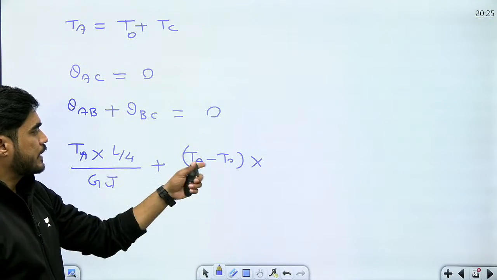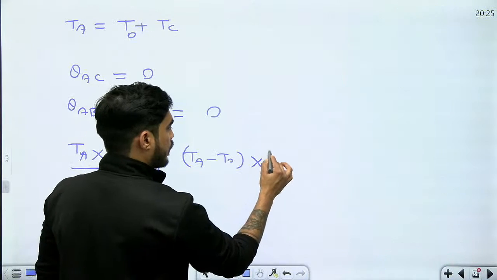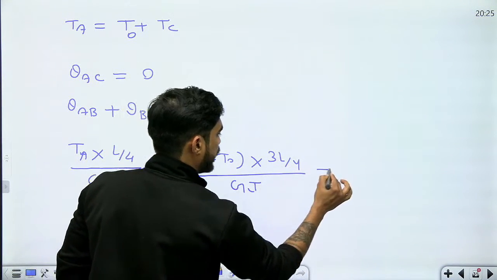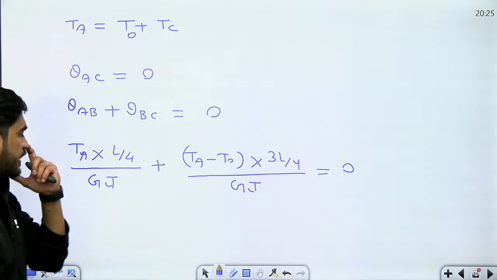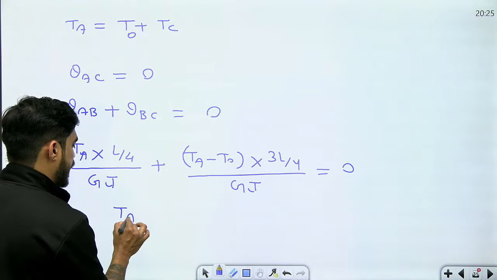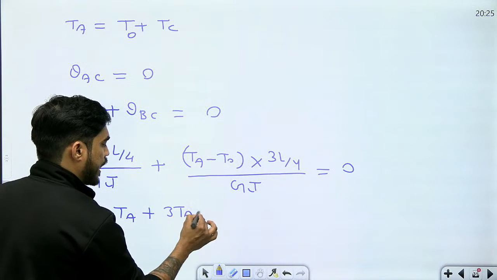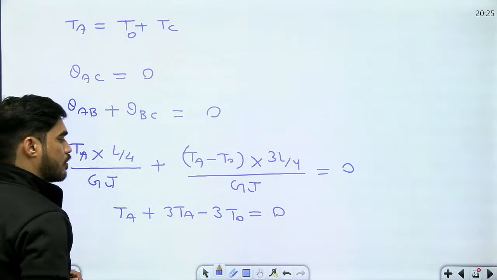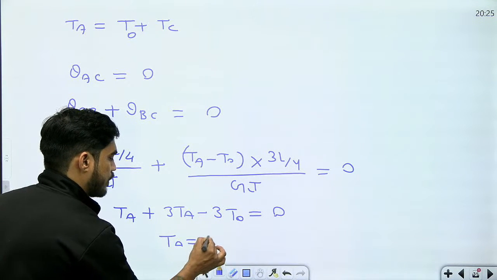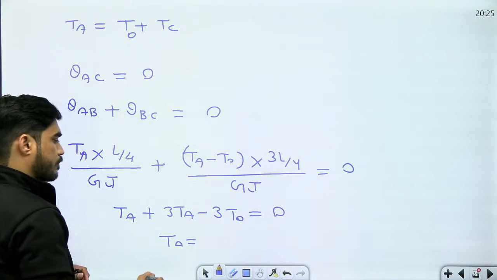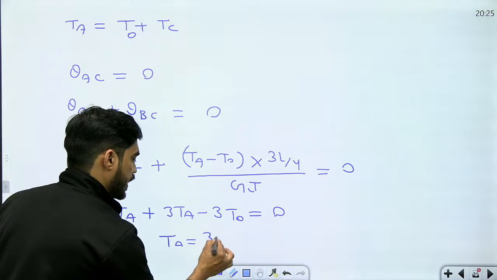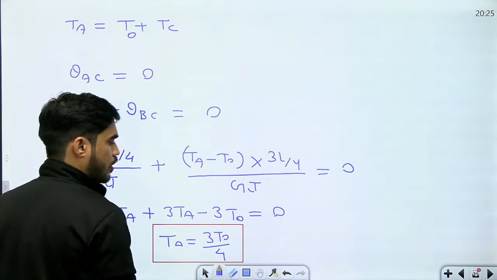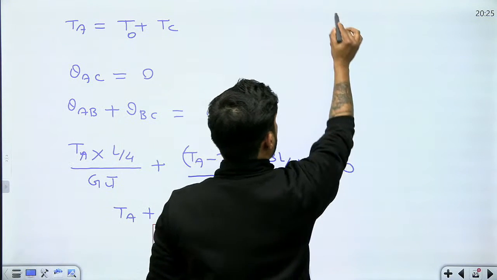So TA minus T naught into 3L/4 divided by G into J equals 0. So from here I will get TA plus 3TA minus 3T naught equals 0. 4TA equals 3T naught, so TA will be equal to 3T naught by 4, and if TA is 3T naught by 4, then TC will be equal to how much?